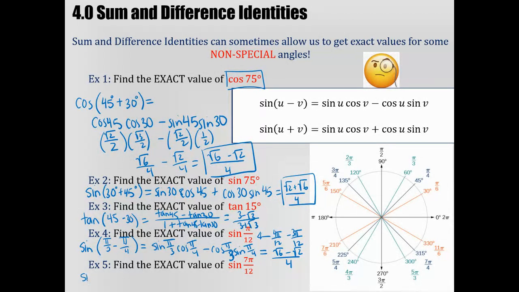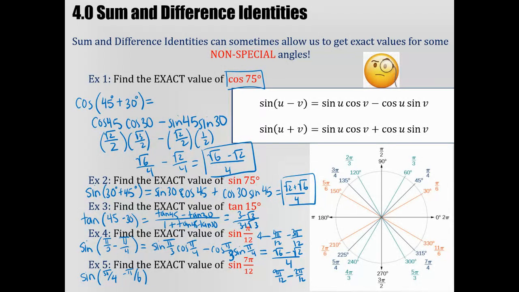You might do it differently, and maybe you want to try it differently and see if you're getting it. So 3 pi over 4 is the same thing as 9 pi over 12, minus pi over 6, which is the same thing as 2 pi over 12, and so that gives me 7 pi over 12.